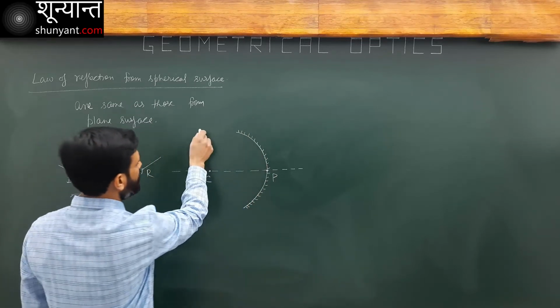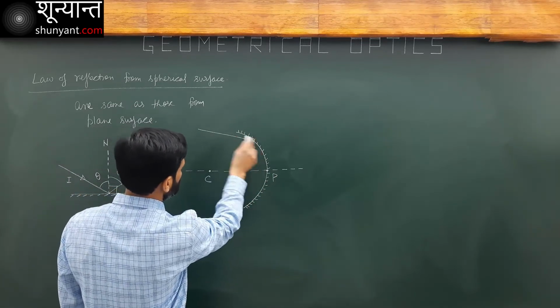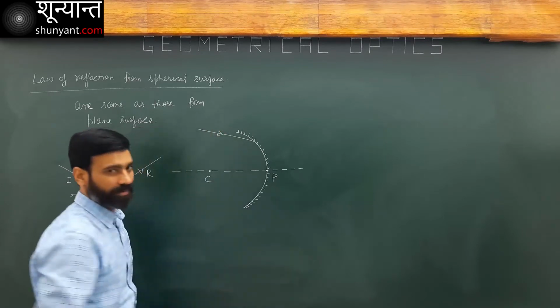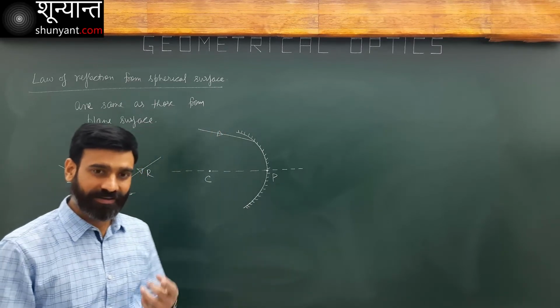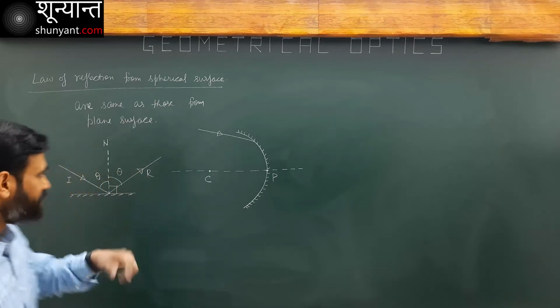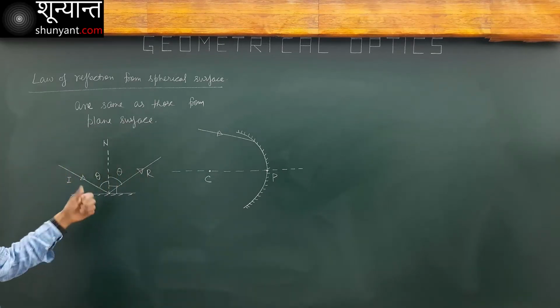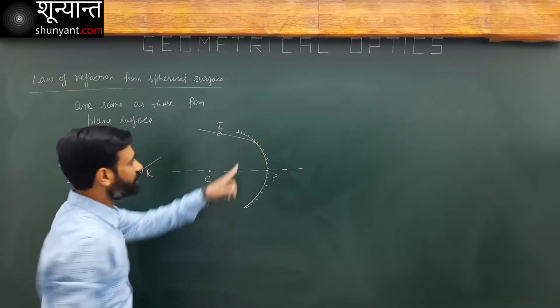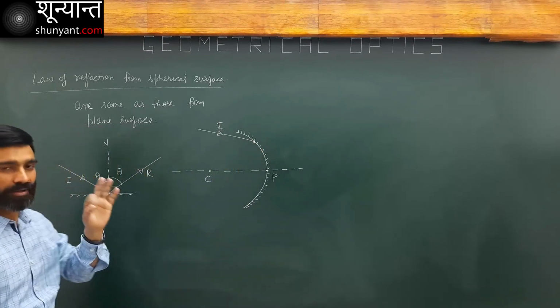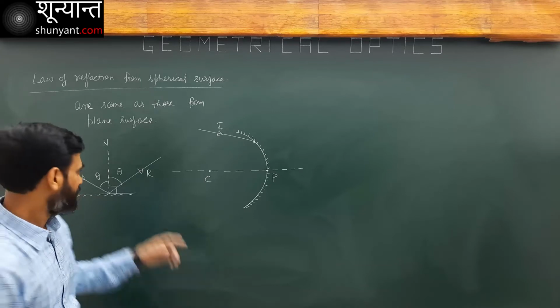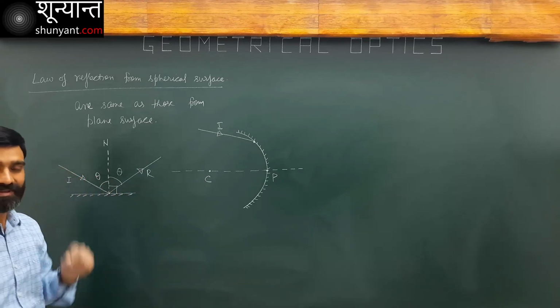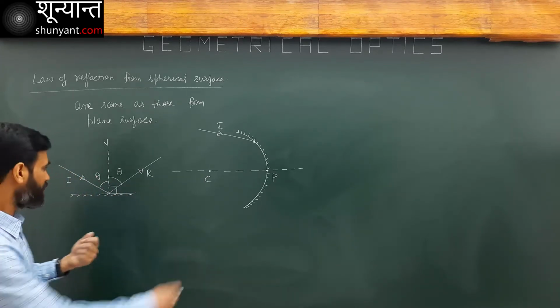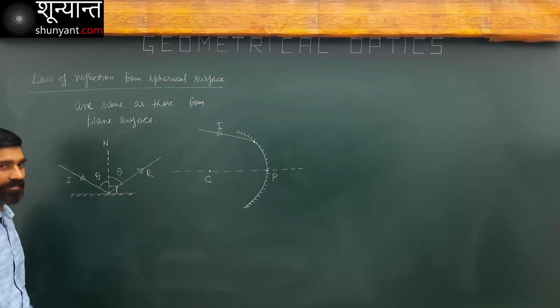Let's say that one light is incident like this. How do I find the reflected light? I will follow the same procedure. This is the point of incidence. At this point, I will draw a normal. Drawing a normal here is easy. I just have to draw this perpendicular line.